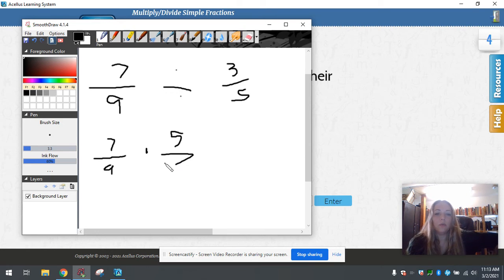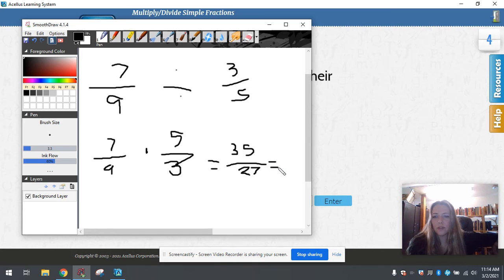Now we're multiplying. Okay. So multiply fractions straight across. 7 times 5 is 35. 9 times 3 is 27. Okay. We have an improper fraction. That's okay. We'll reduce it first if we can.